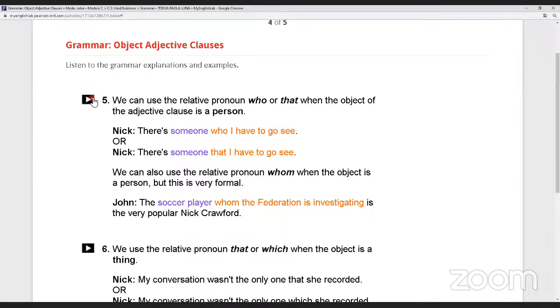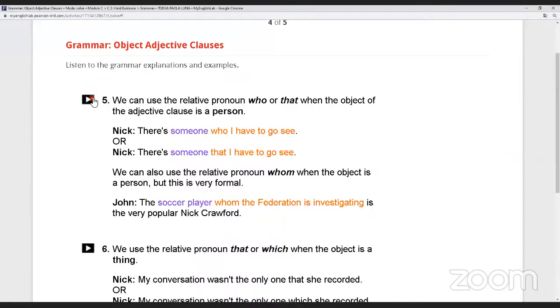The point of this pic, right, is to know in what cases you have to use each one, right? Who, when we're going to talk about a person, and it's going to be about people, right? Which for animals.